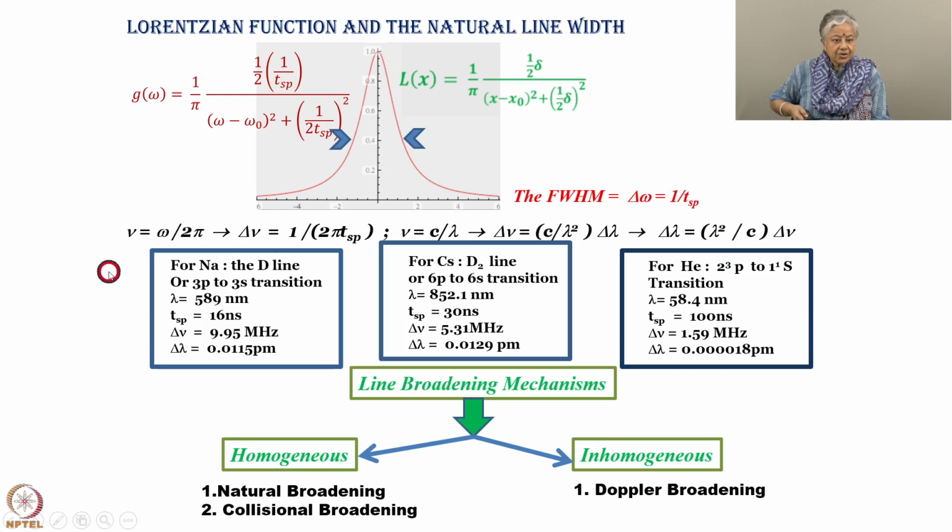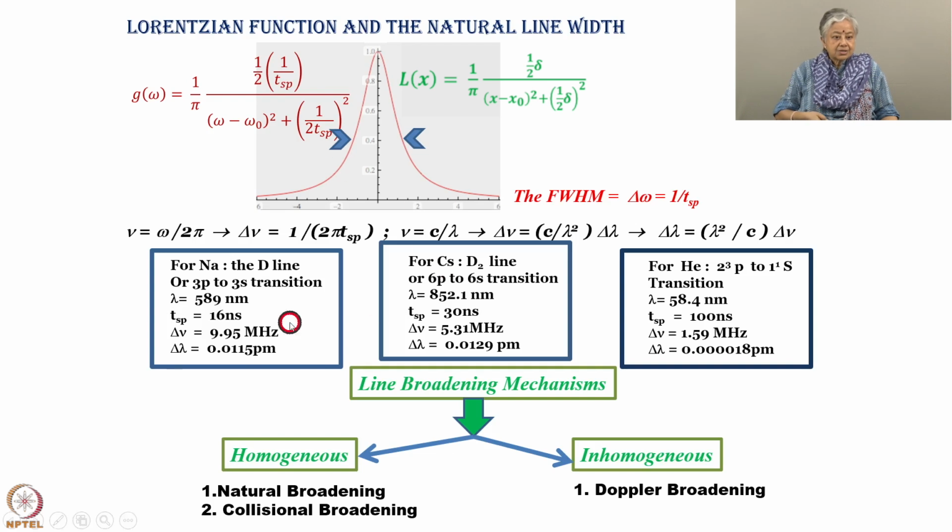Okay. Here I have just put in a set of formulas, so that it gives you a reminder of how to calculate delta omega and delta lambda. Quite often the full width half maximum may be given in terms of delta lambda, and so you just have to know the conversion of omega to nu and to lambda.